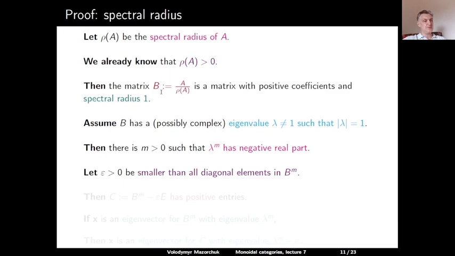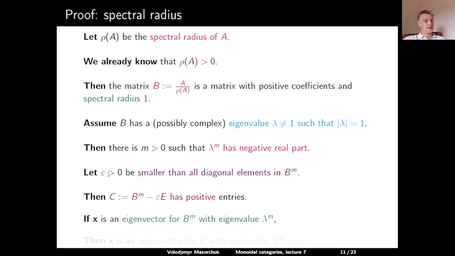Let us choose epsilon, a positive real number, which is strictly smaller than all diagonal elements in the matrix B to the power m. Consider the matrix C, which is equal to B to the power m minus epsilon times the identity matrix. By our choice of epsilon, this matrix has positive real entries.